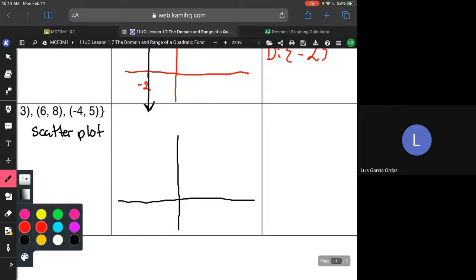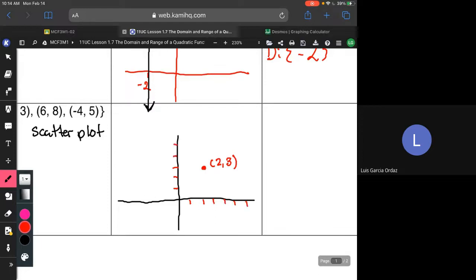So my first scatter plot point is going to be 2 and 3. My second scatter plot point is going to be 6 and 8. And my last scatter plot point is going to be -4 and 5.